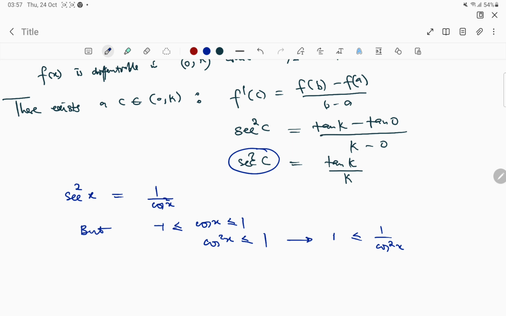Then after that, we're just going to replace sec squared with this inequality. So we have 1 is less than or equal to sec squared c, which is equal to tan k over k.